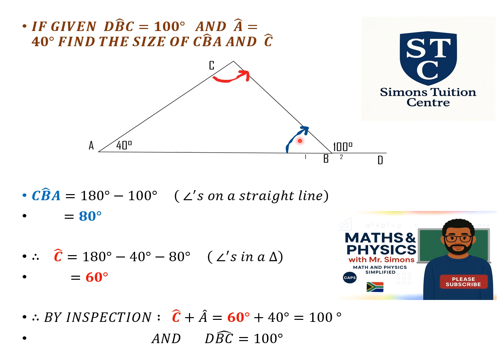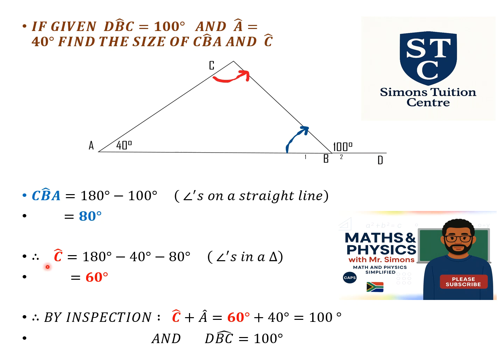So we want the size here of blue and then angle C. Right, so to get CBA, there's 100 there, so that two angles together are on a straight line, so they must add up to 180. So CBA equals 180 minus the 100 degrees given there. Angles on a straight line, 180 minus 100, then gives me 80 degrees.